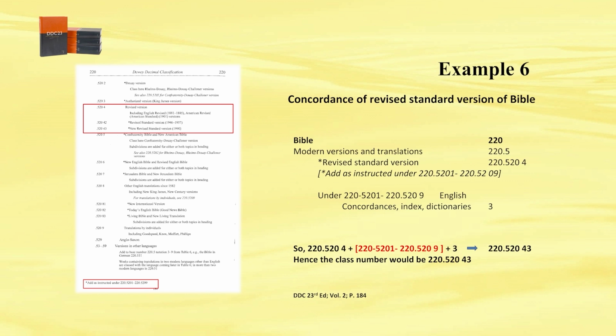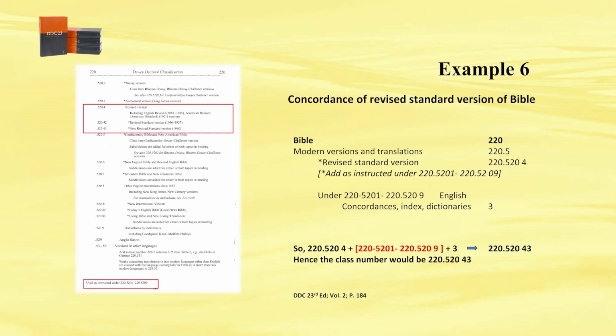Under it, you can see that the Revised Standard Version is started with the mark asterisk, and at the bottom of the page, and this you will find in page number 184 of volume 2, the asterisk marks represent that add as instructed under 220.5201 to 220.5209.